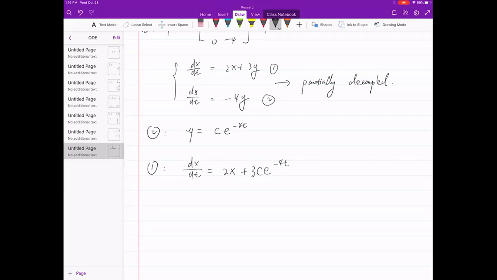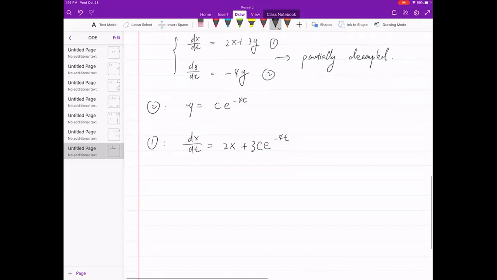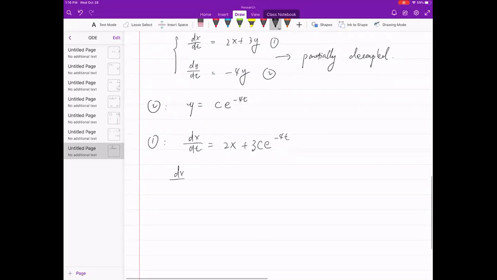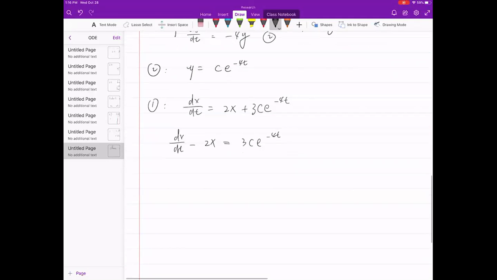Now we see the advantage of a decoupled system. Once you put y in, this equation has only to do with x, and you can solve it whichever way you want. I would just say it's linear, so we multiply by the integrating factor, which is e to the negative 2t.